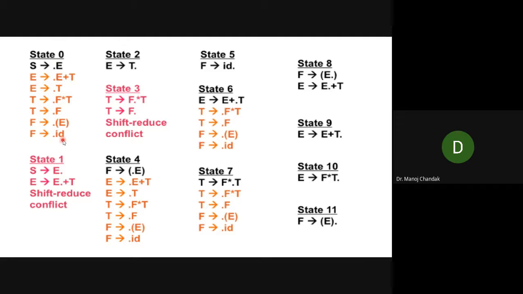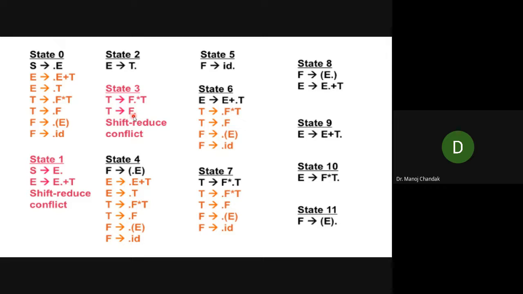And now once we have completed the processing of state 0, we will start processing state 1. We'll start processing state 2. So the states in which the dot is at the right hand side, for such states there is no need of processing. For such production rule there is no need of processing.